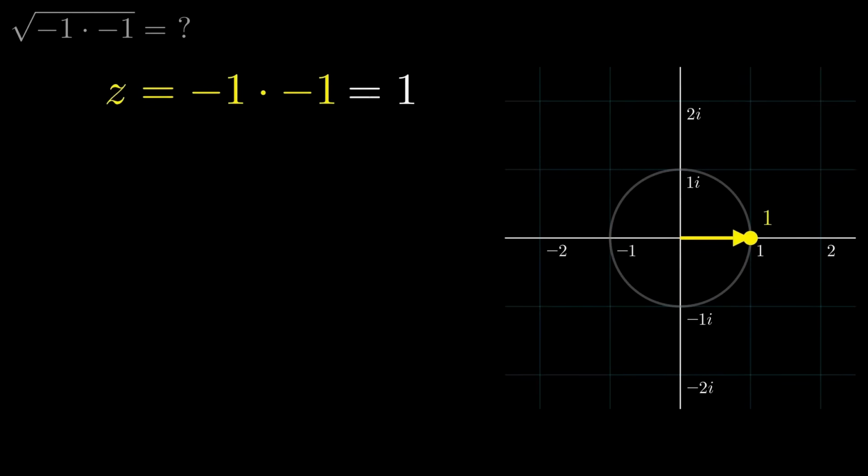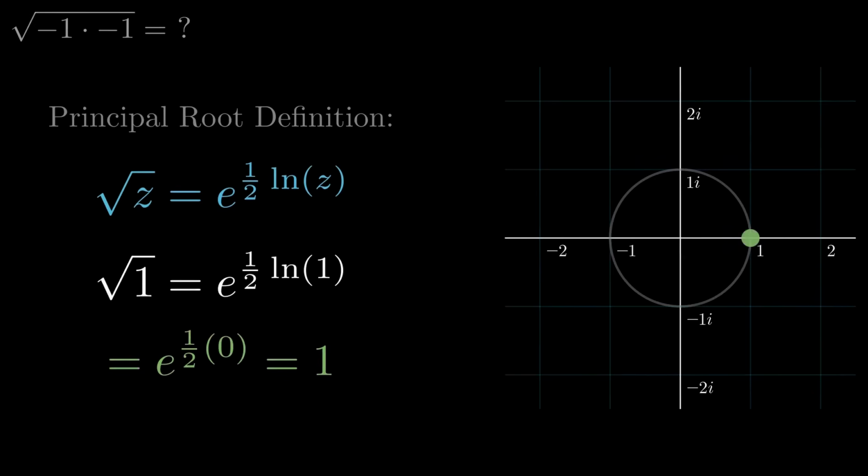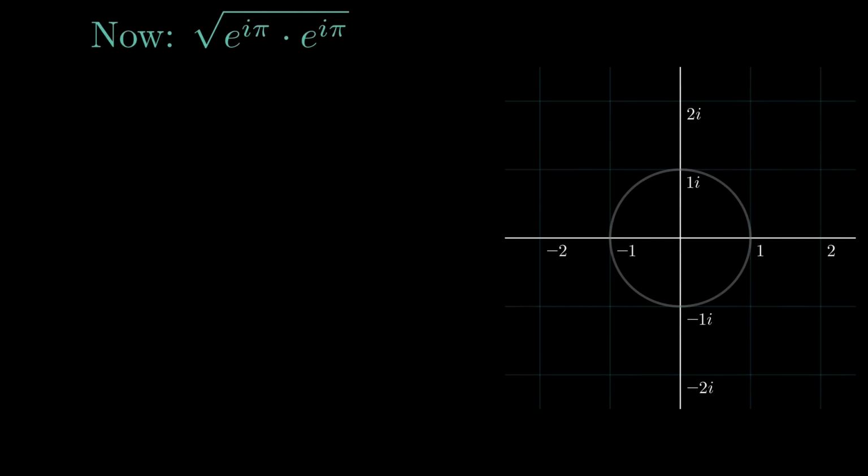Now watch carefully because this is where the trap closes. First, with ordinary numbers, negative 1 times negative 1 is just 1. No problem there. And when we take the square root, the principal definition gives us the positive root. Everything behaves exactly as expected. Now we try the same idea using Euler's formula. Negative 1 can be written as e to the i pi.